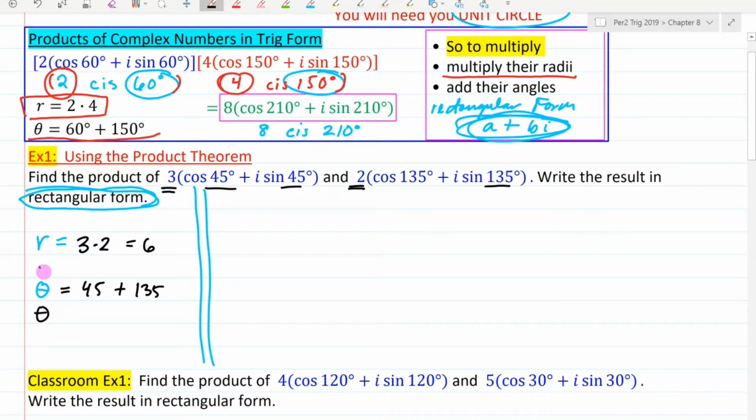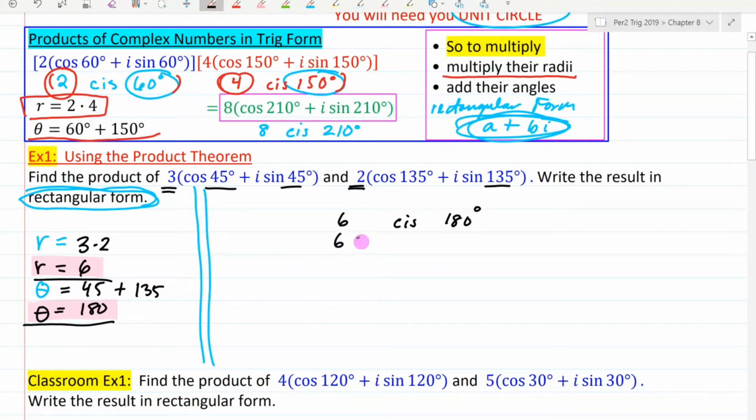The theta that we'll be using is 180. So we're going to be using r of 6 and theta, our angle, of 180. If you want to write it in shortcut form, it would be 6 cis 180. That's this one.